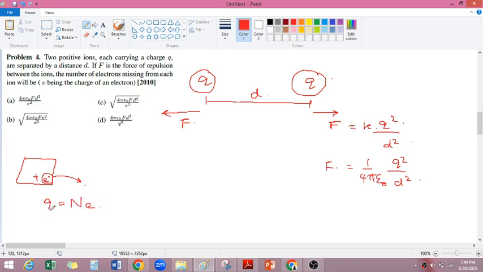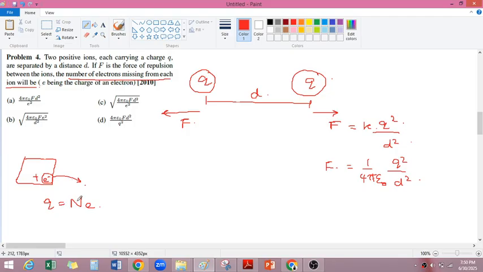Listen carefully, the charge is nothing but the number of electrons removed multiplied by the charge of the electron. So if I remove 10 electrons, 10 into 1.6 into 10 power minus 19 will be the plus charge on this plate, because we are removing electrons. That is what they call the number of electrons missing from each ion.